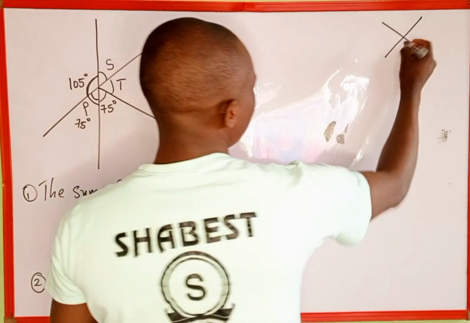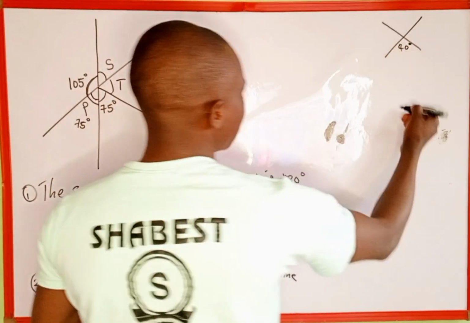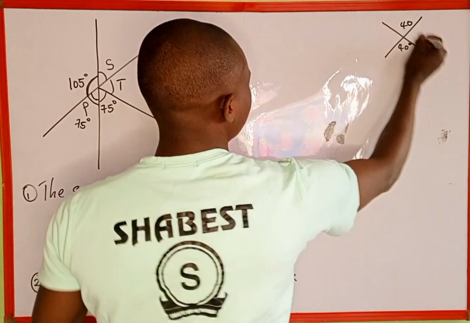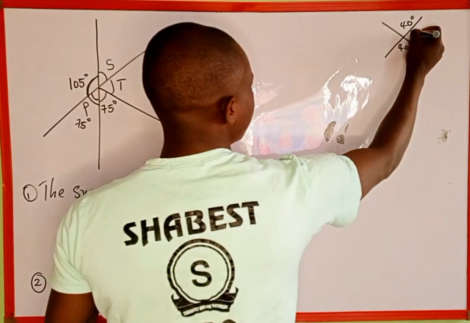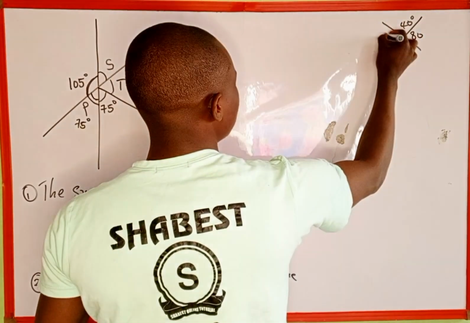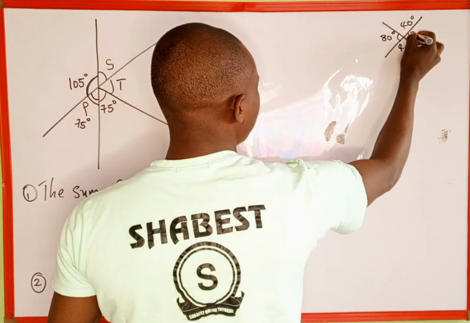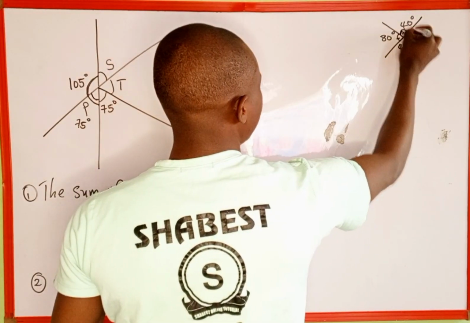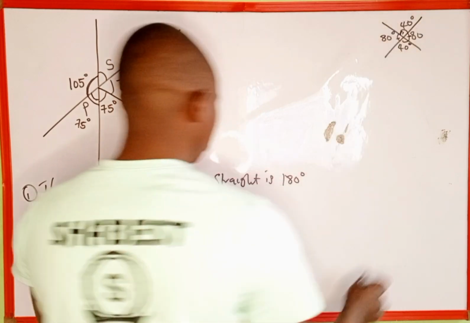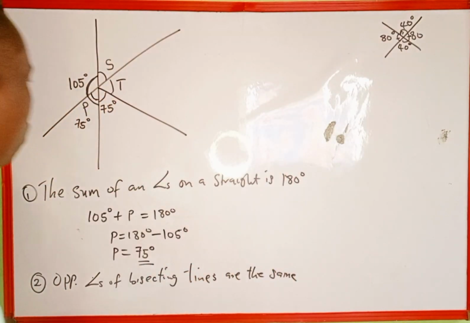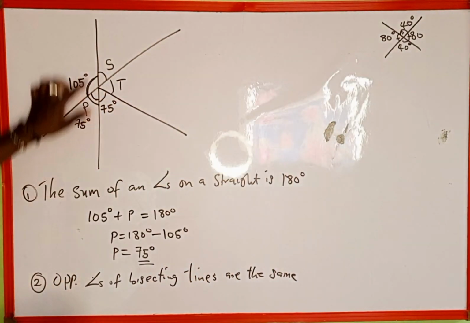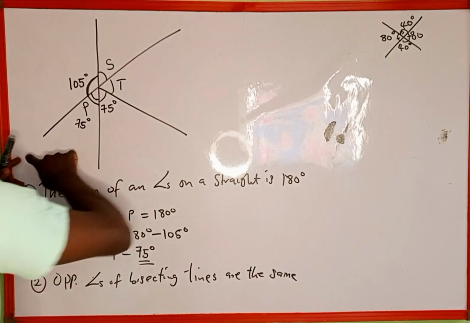That means if the angle here is 40 degree, for instance, the opposite here is the same as 40 degree. If the angle here is 80 degree, the opposite is going to be the same as 80 degree. So these two angles are opposite to each other, and according to this theorem, they are the same. So now, if you look at this, we have this line, then another line is crossing.